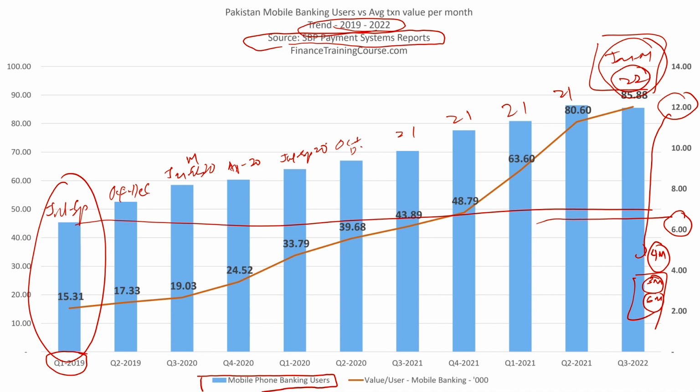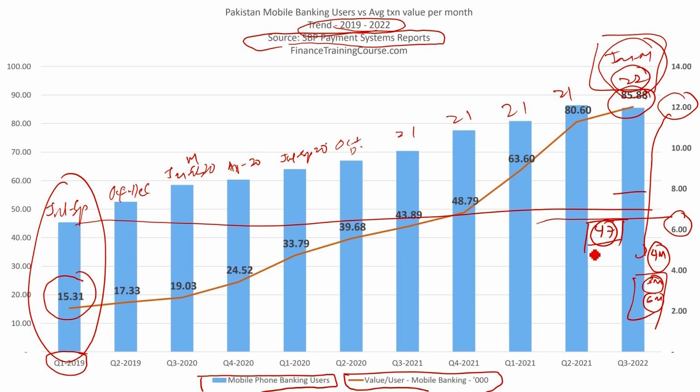That's the first part. The second part, the orange line, is the value transacted per user per month. When you started your analysis, the number was about 15,000 rupees per month per user. When you get to Q3 2022, that's about 85,000 rupees per month per user. If you assume there are 2 users per household, which is 6 million unique mobile banking users, this number would be about 47,000 rupees per month.